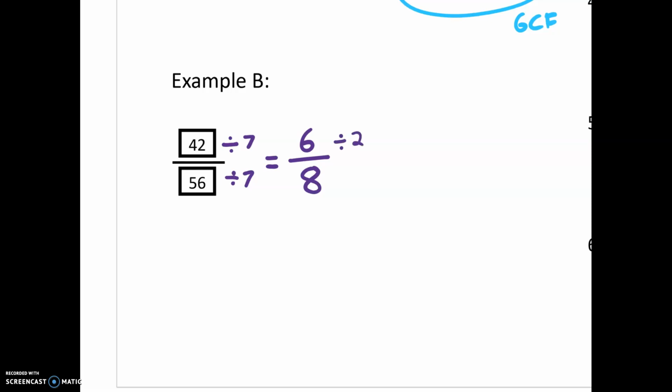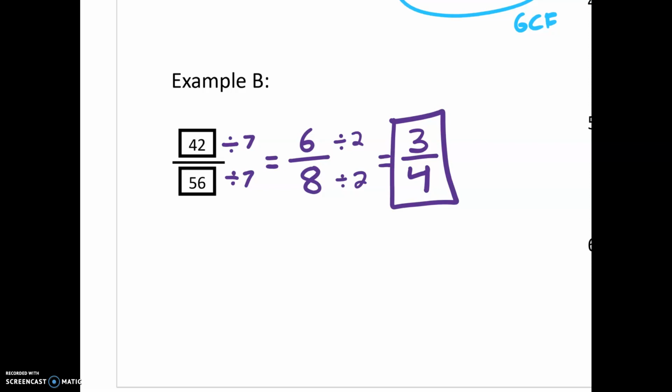So I'm going to reduce them again, divide them both by 2. So 6 divided by 2 is 3, 8 divided by 2 is 4. So our fully simplified or fully reduced problem is 3 over 4.